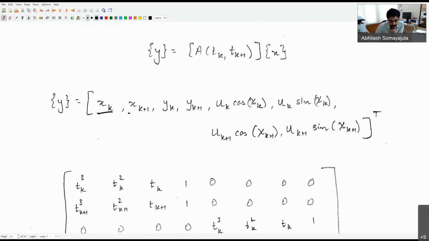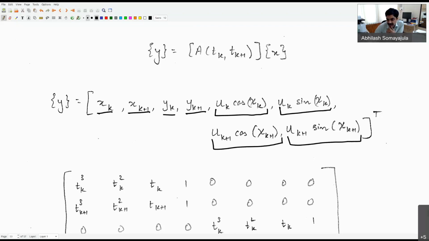At time tk plus 1, it is xk plus 1. The y coordinate is yk, and then yk plus 1. Similarly, the x speed at time tk is given by this, the y speed is given by this, the x speed at waypoint k plus 1 is given by this, and the y speed at time tk plus 1 is given by this.